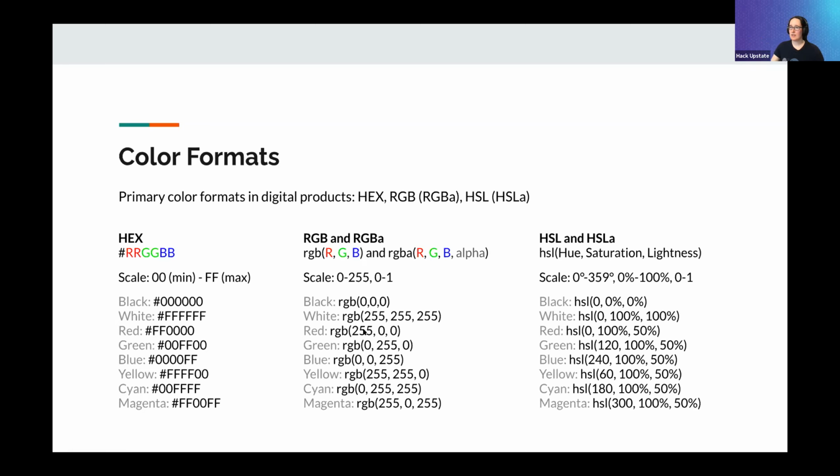If you think about it like a bar chart, the numbers are how high each bar is, how much of each color is mixed in. That being said, I very rarely just know the hex value for the color that I want. I normally pull it up in a program like InVision Studio, Figma, Sketch, Photoshop, or just find it on a website and pull it up in the code.